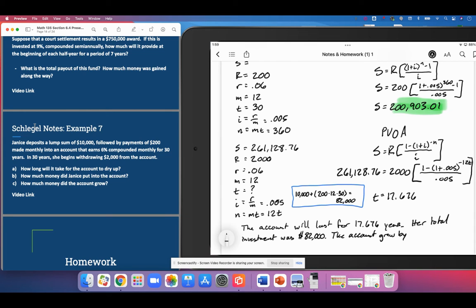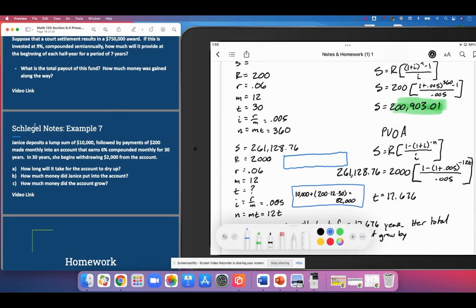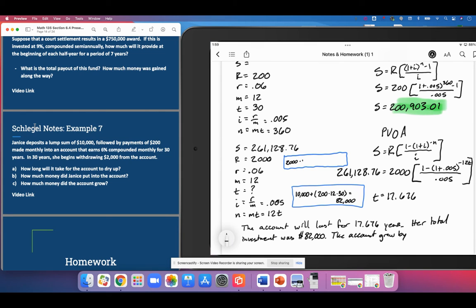And so the total payout, I'll need another little blue box up here to do some math. The total payout is going to be the number of times that she received a payment times the size of the payment. So what do we got? She's taking out $2,000 a month. And so $2,000, 12 times a year, times 17.676 years.